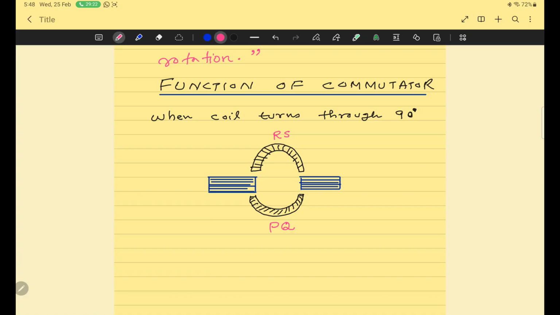And in this situation, no current passes through the coil. Sir, why?